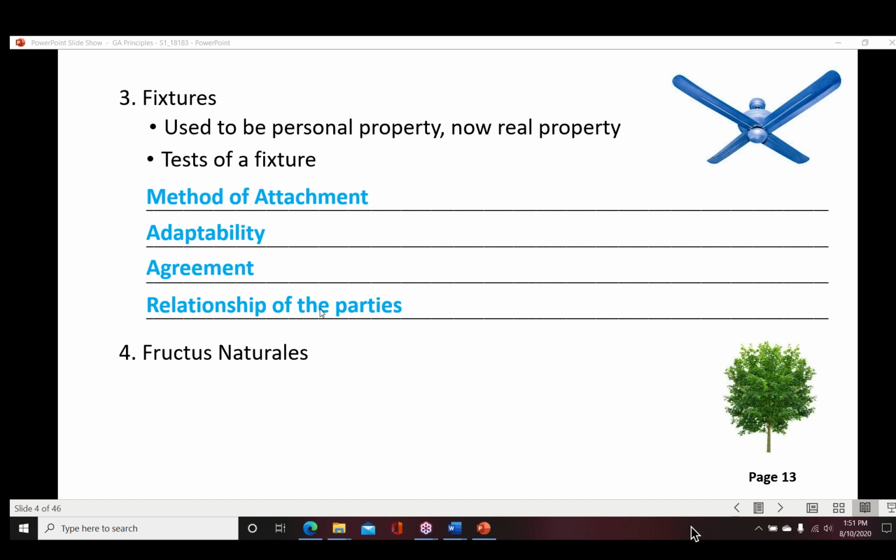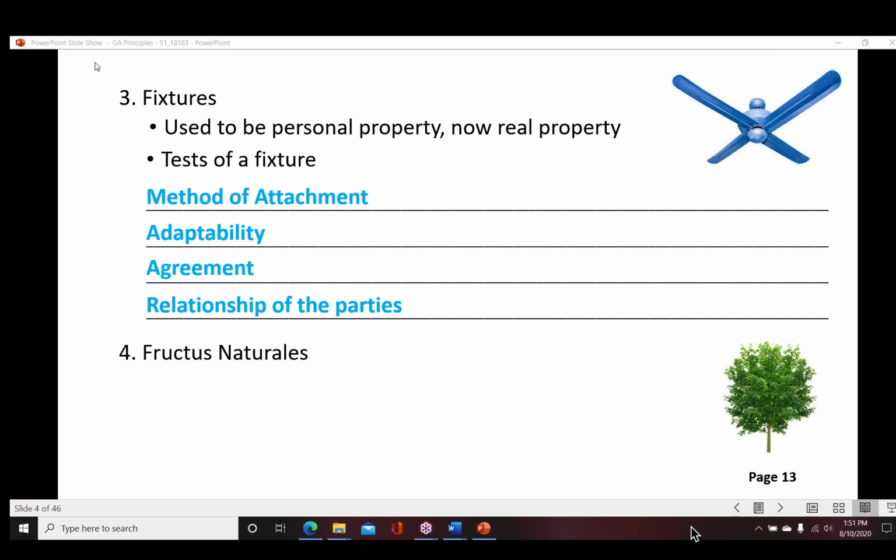Things that I let you read about in the Blue Book, y'all, I go through that real quickly because typically you're not going to find those on the test. I said typically, I did not say always. So I do want you to read it. There's going to be other things I'm going to tell you don't even read. They're NTR. If I ever tell you anything NTR, then I don't even want you to read it. So those are the tests to determine whether something is a fixture or not.